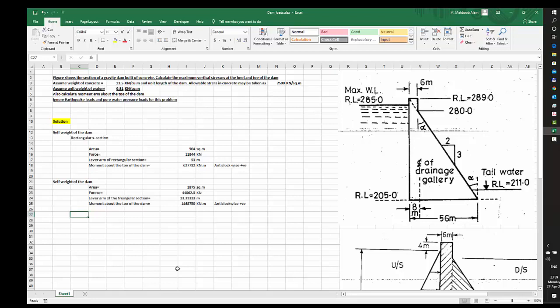Now let us also calculate the water pressure. Again, the water pressure on the upstream side and the water pressure on the downstream side of the dam. You see, water here is stored at a particular water level, which is equal to 285 minus 205. Okay, let me just write it here.